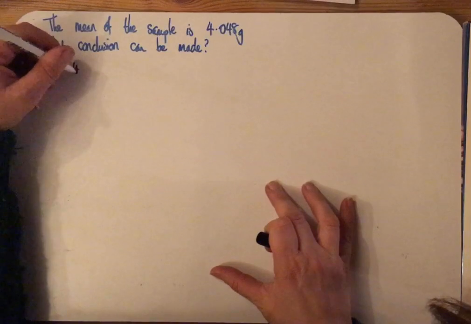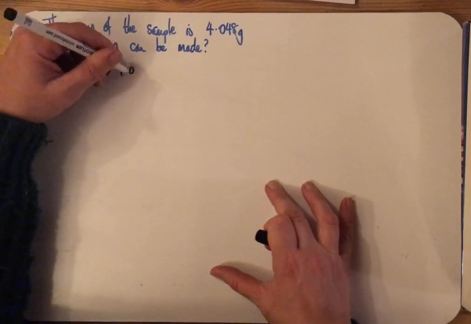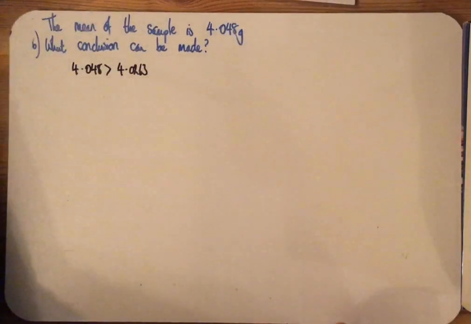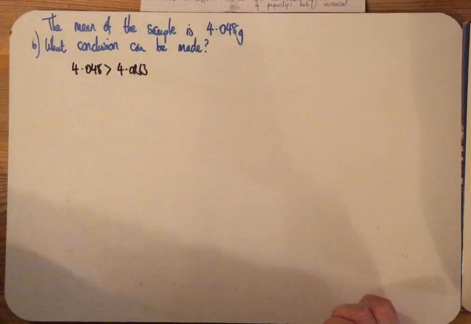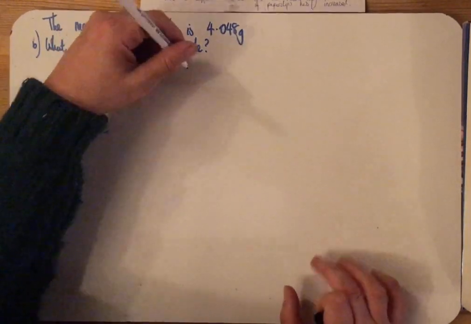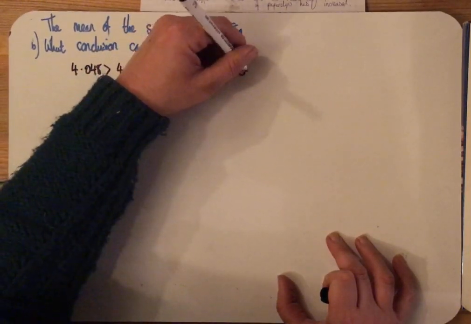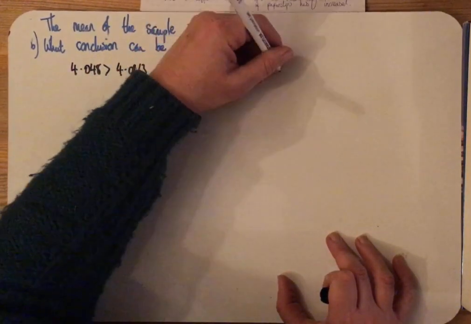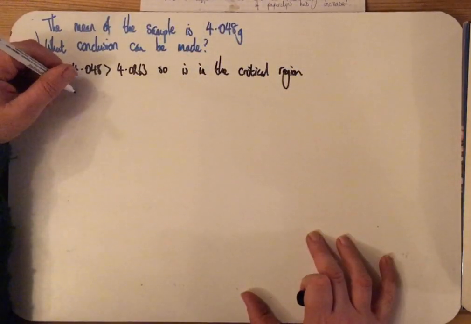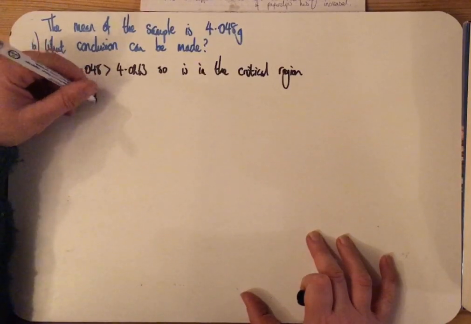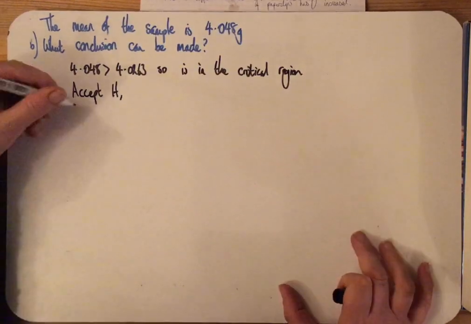So 4.048 is bigger than 4.0263, and so it's in the critical region. Therefore you accept H1, the alternative, because you're saying that's too unlikely to have happened by chance. And then a conclusion in words.